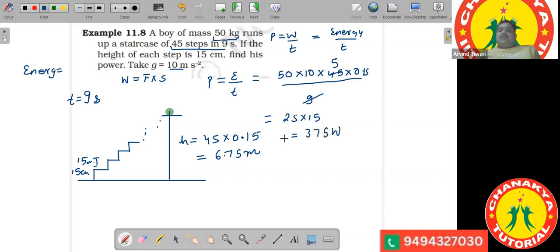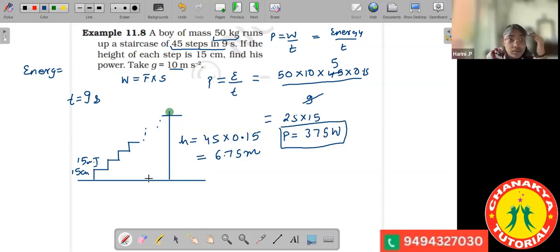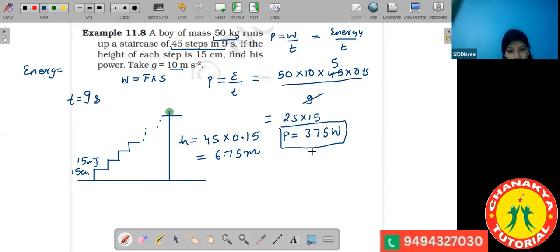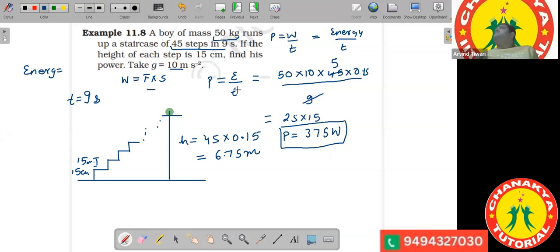So power expended by the boy is 375 watt. Siddhisri, did you get this answer or did you get something else? Sir, first compute the work done or energy and then divide by time.